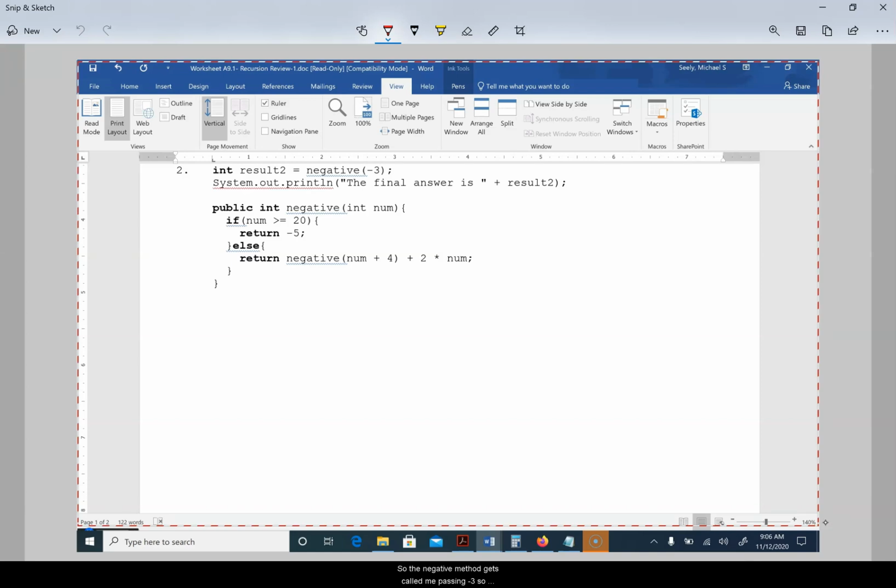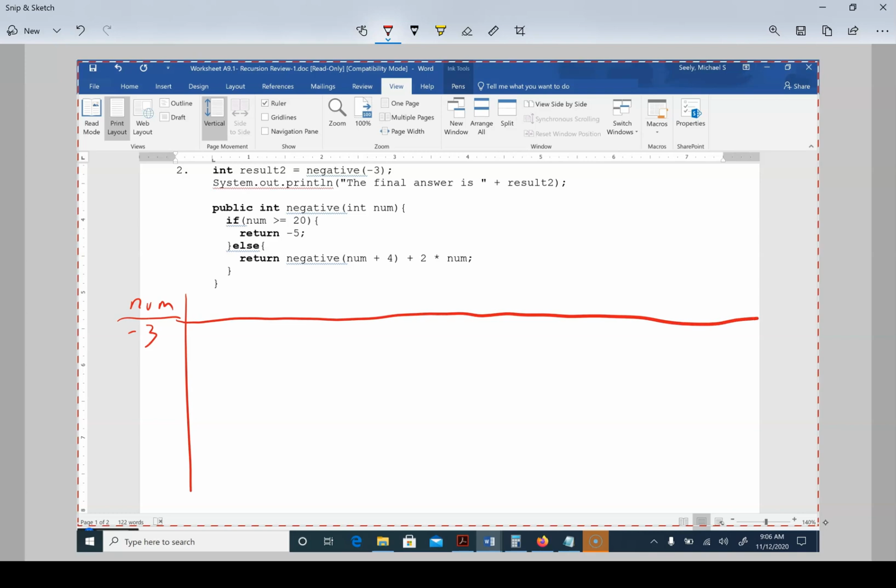So the negative method gets called and we pass in -3, so num is -3. And then we got n, num plus 4 plus 2 times num.